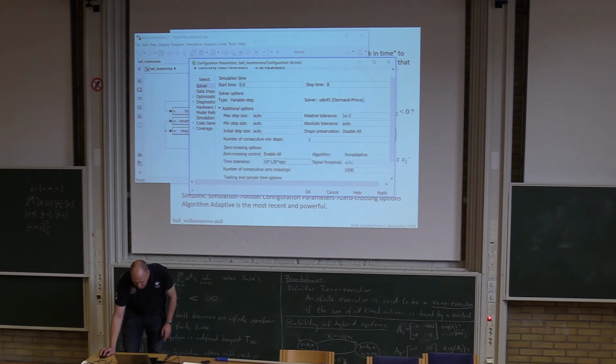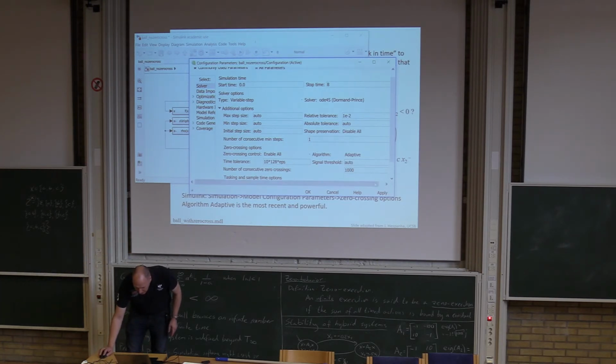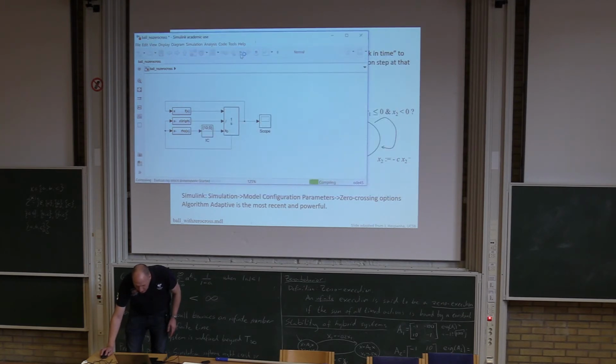You need to enable all, and there are different algorithms you can choose between: non-adaptive is the old version, adaptive is the new version. Then apply, and simulate it again.